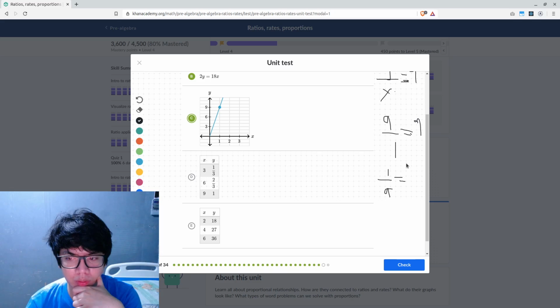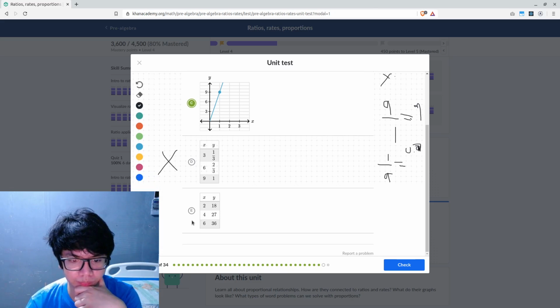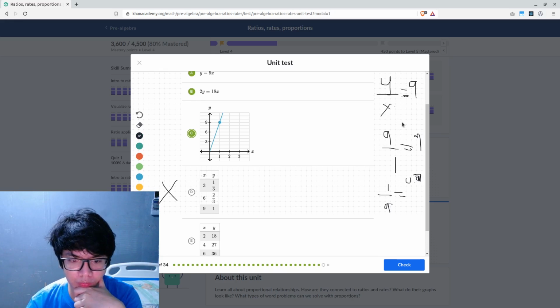No, this point something. Just not going to work. So if our x is 2 and their y is 18, I'm getting 9.